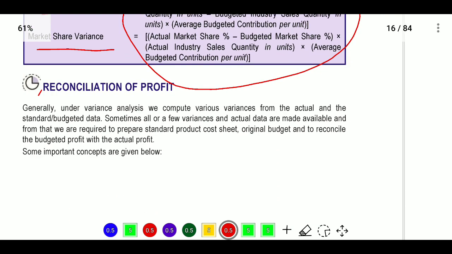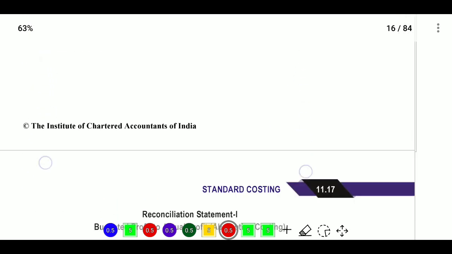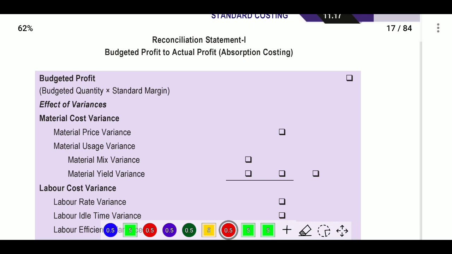Next, reconciliation of profit. Here we will see the reconciliation of profit from budgeted profit to actual. Here we will use absorption costing. From preparing the absorption costing, we will get this format, and we will get the reconciliation statements.